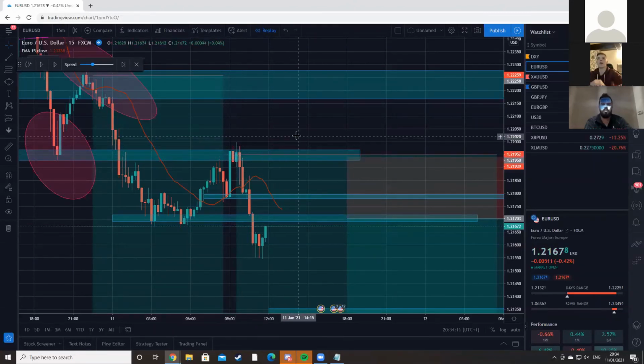This is one of my steps: I always try to look at the lower time frames before I go into a buy or sell opportunity. I want to see that candle first. What do I mean? If I go for a sell, I want to see a red candle close before I go in a sell.